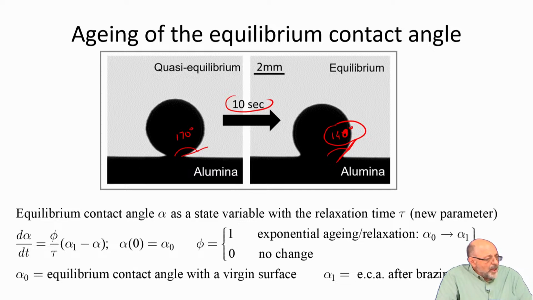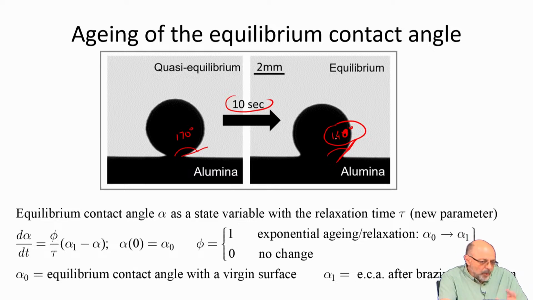What happens is that this compound has some components which are designed to break the oxide on the surface of the aluminum. Once that breaks, we get this contact angle. Before that, for a short period of time, we get a higher contact angle. So a pure compound without any oxide on the surface will barely wet, 170 degrees.